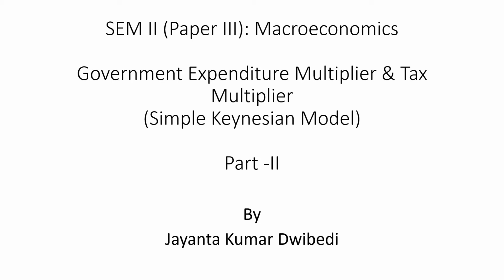So, this is part 2 of our discussion on the multiplier in the simple Keynesian model. In part 1, we have already discussed how the autonomous expenditure multiplier works.